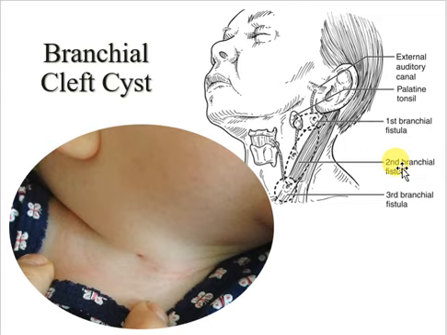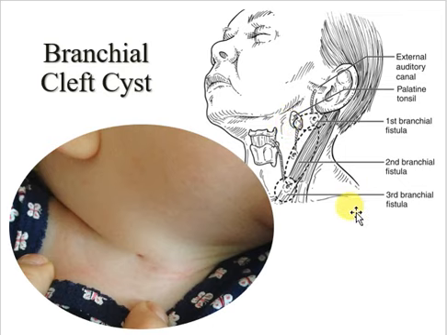So phylogenetically, that entire branchial apparatus, meaning the opening and then that embryonic tract, is related to gill slits.